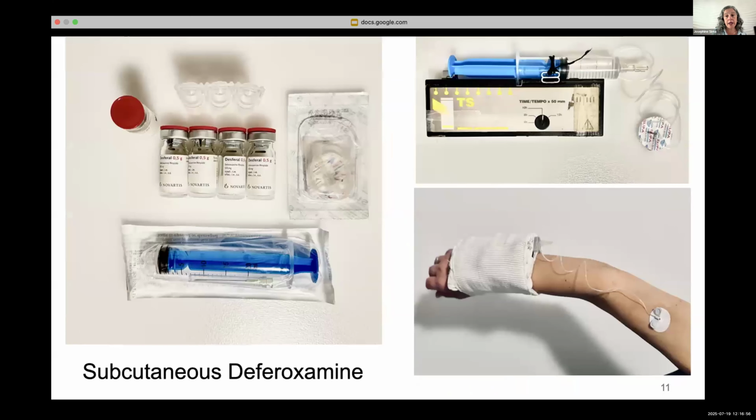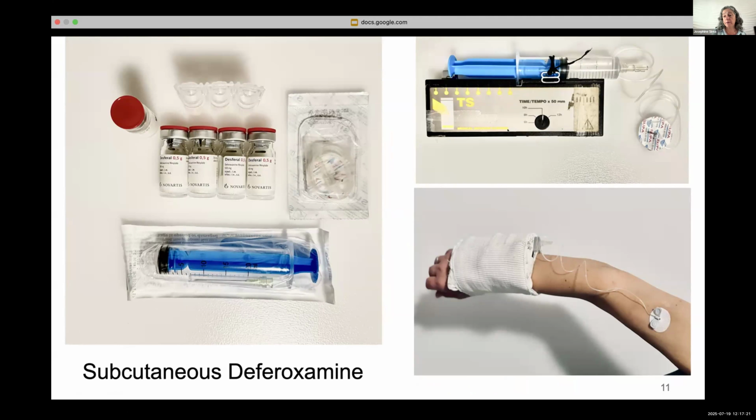And I'm going to show you what Desferal looks like. So subcutaneous Desferal involves these little vials of powdered medicine. Sorry, I didn't mean to have the brand in there, but it's a photo from another person. And it came with these supplies: a syringe, a subcutaneous needle, the sterile water, the pump. This is a battery operated syringe driver.